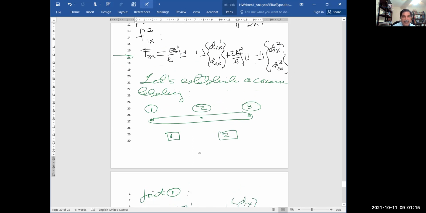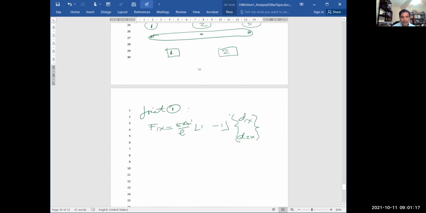So let's try it before we break. So for the joint 2, F2x is going to be equal to EA over L of the first element, 1, minus 1, and then we go D1x, D2x.